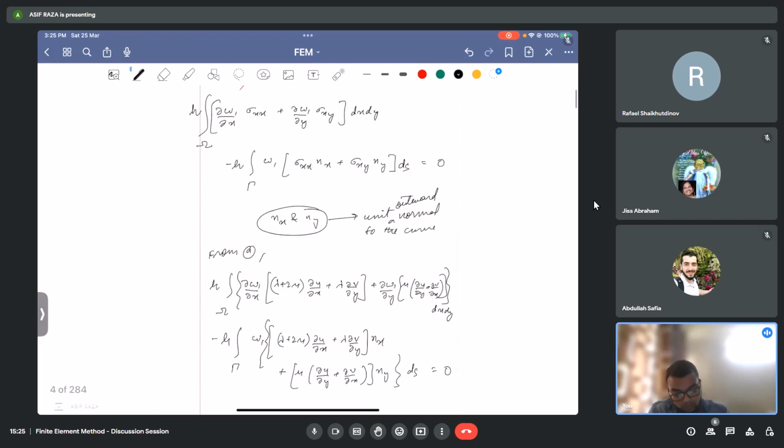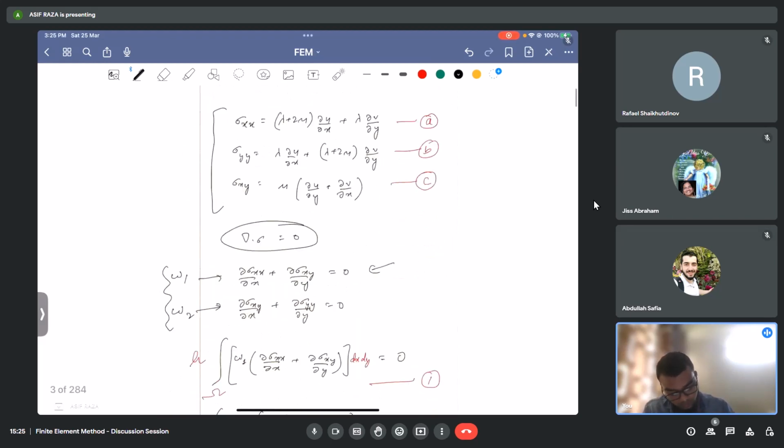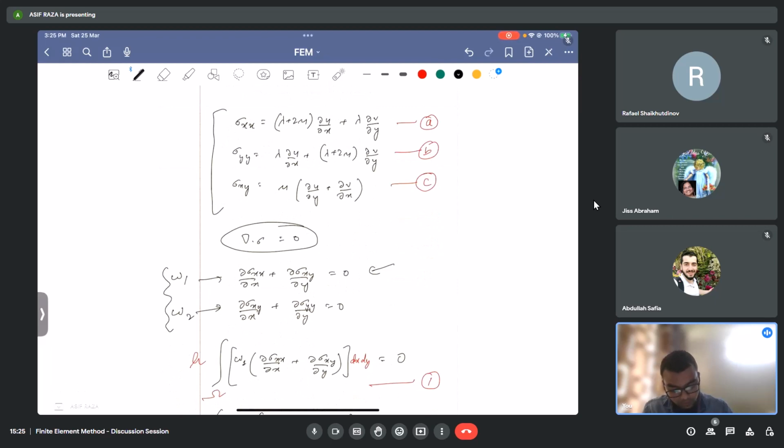So this is the weak form for the first part of this equilibrium equation.